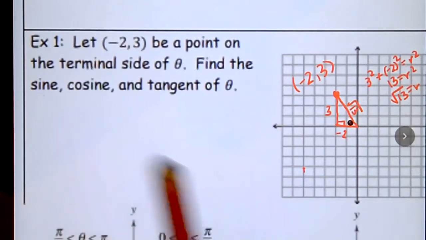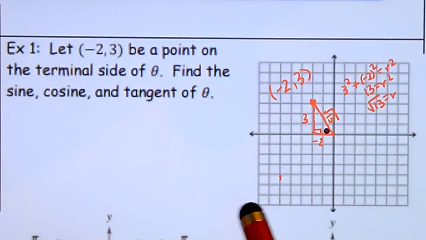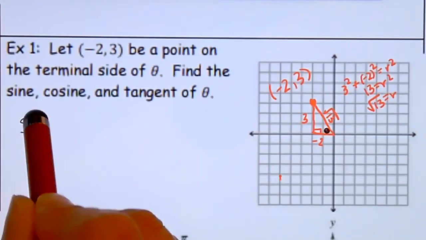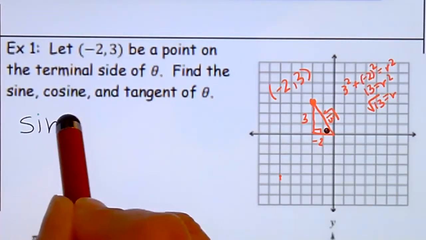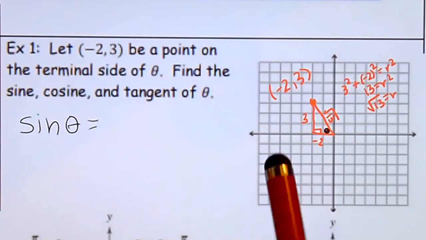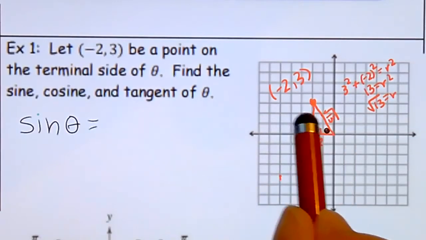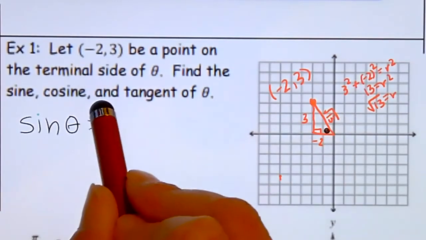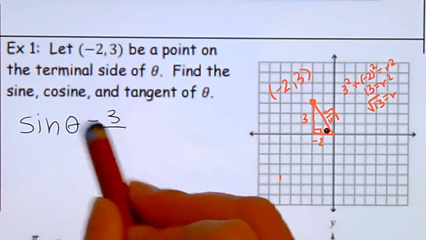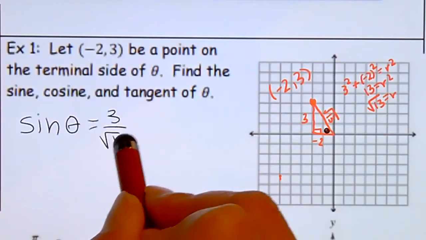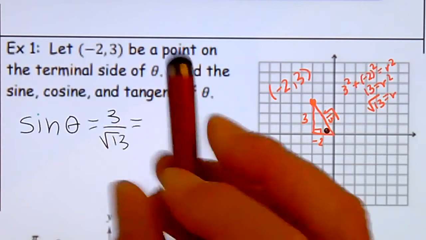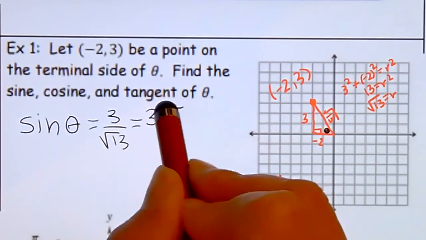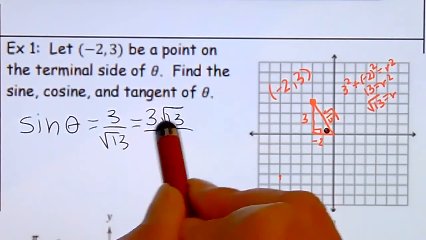Okay, so sine of theta is going to equal opposite over hypotenuse. So that's going to be 3 over root 13, which, once we rationalize, is 3 root 13 over 13.